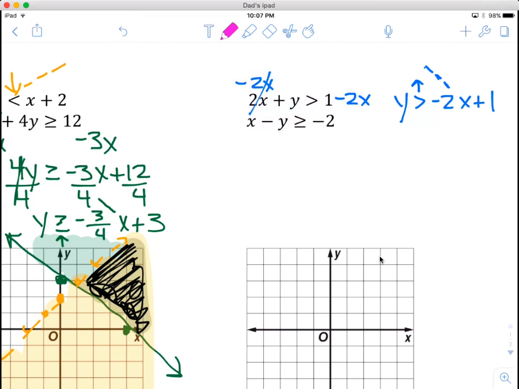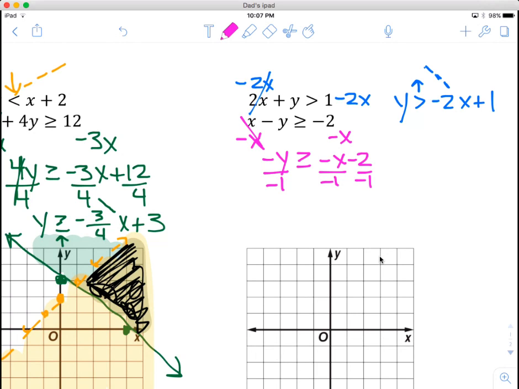Okay, let's solve this next one. We're going to subtract x. Negative y is greater than or equal to negative x minus 2. Divide everything by a negative 1. And when we divide by a negative, the same rule applies to the inequality.